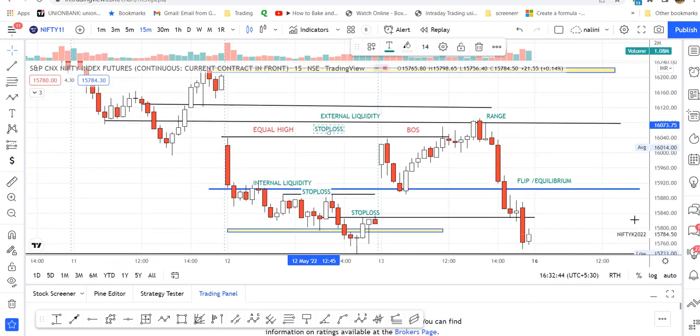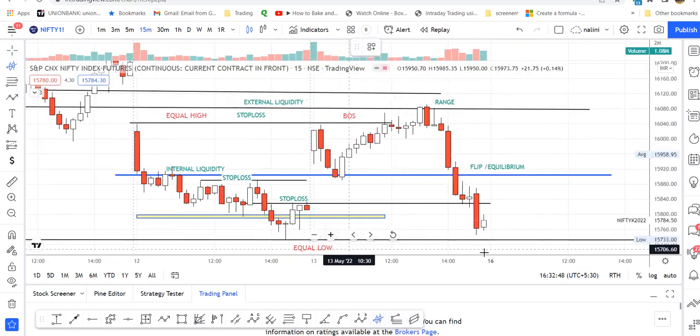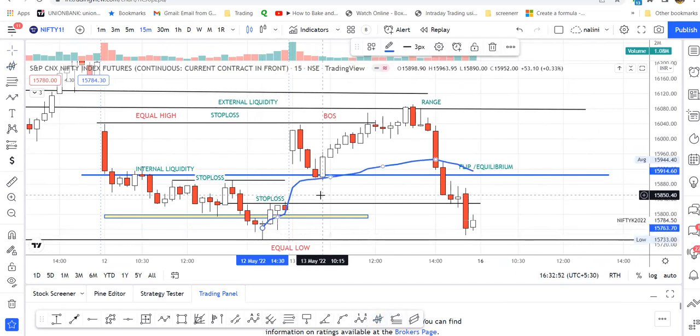You can also make the balanced area by taking the anchored VWAP. So you can see this is the anchored VWAP, exactly the volume weighted average is coming at this level, right?